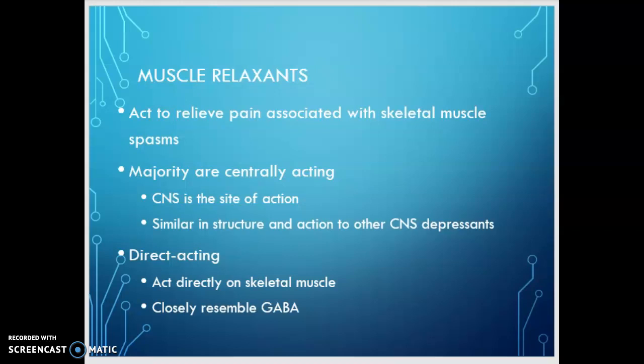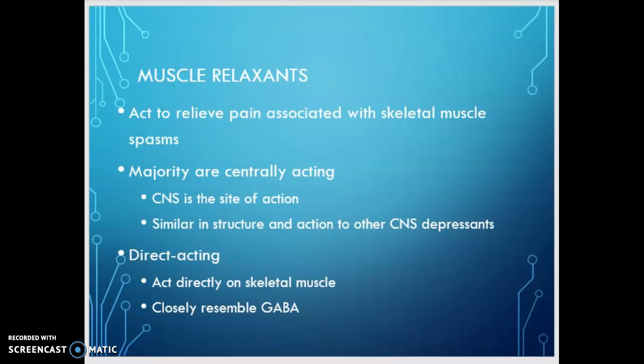These spinal polysynaptic reflex arcs are depressed by a number of drugs, and that includes our barbiturates, as we talked about before, and our benzodiazepines. Remember that the benzodiazepines allosterically facilitate that GABA-mediated chloride influx, and so that works throughout the CNS, including the spinal cord.